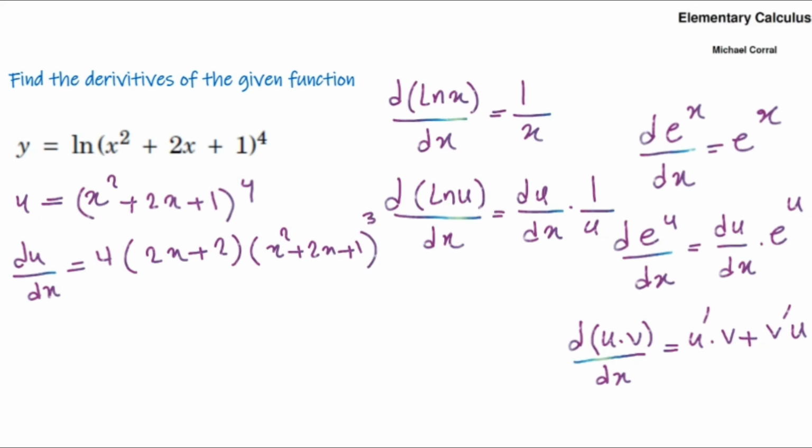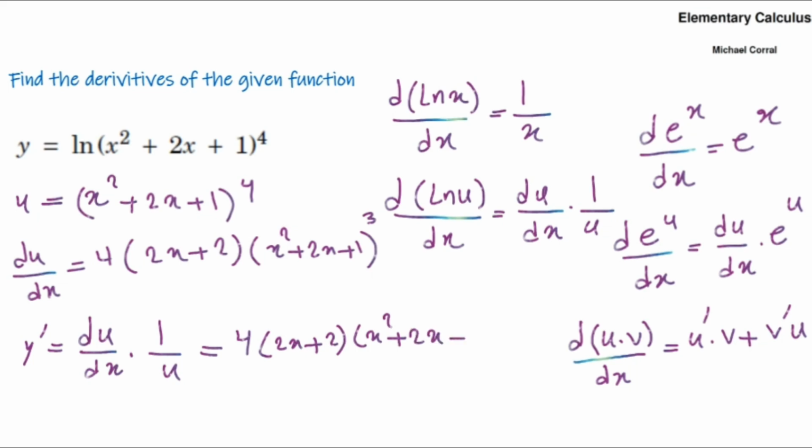So y prime equals the derivative of u times 1 over u, which equals 4 times 2x plus 2 times x squared plus 2x plus 1 cubed over u, which is x squared plus 2x plus 1 to the fourth power.